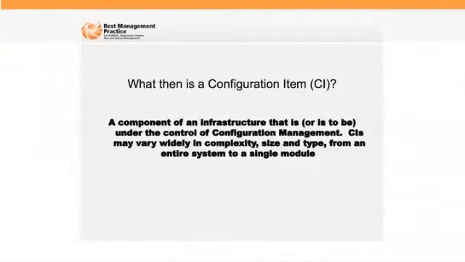Exactly the same with the CMDB. If we look at all the configuration items, and a configuration item can vary widely in size, type, and so on, as we'll see in a minute, just for a moment, imagine those as being the components that go to make up the infrastructure: the hardware, the software, the telecoms.